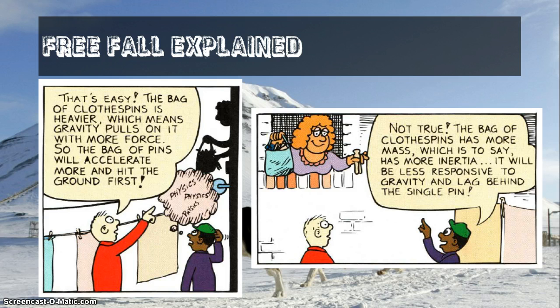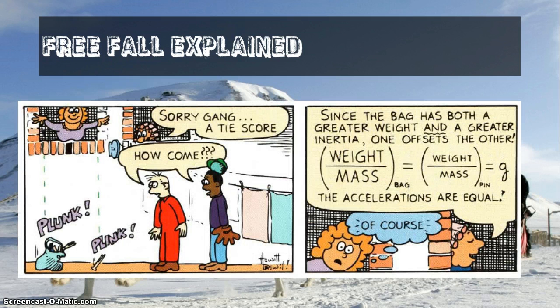So who is right? Well, we drop them. They both fall at the same time. Why? Well, if we look at it, the bag has both a greater weight and a greater mass. It offsets the fact that the pin has a smaller weight, but it also has a smaller mass. Remember that acceleration is the force divided by the mass.